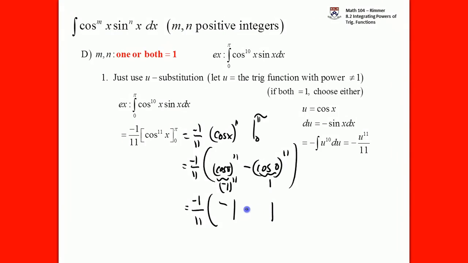But they don't cancel out. They double up to be a negative 2, but with this negative out here from du, the answer is 2/11. It's a gift. If one of them has the power 1, you should thank me if you see something like that. I'm being nice. Probably won't be on it.